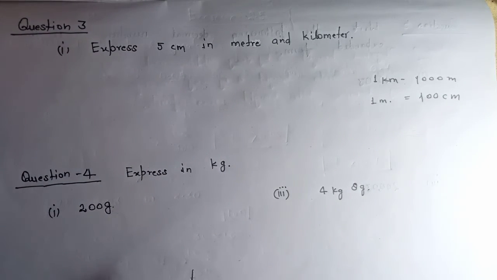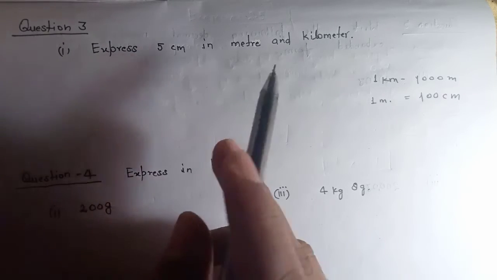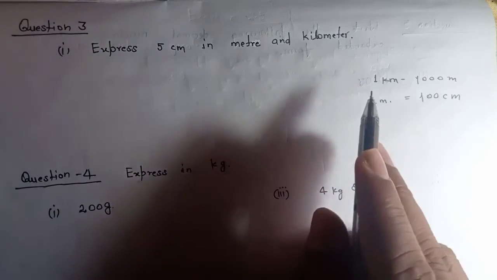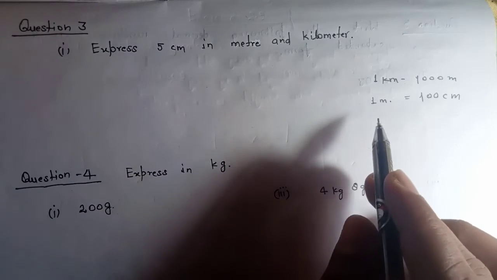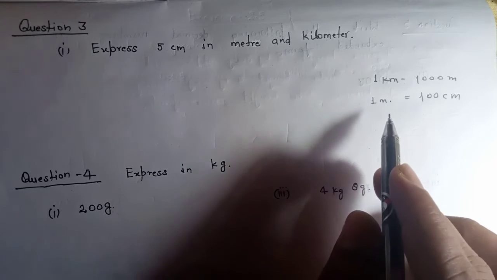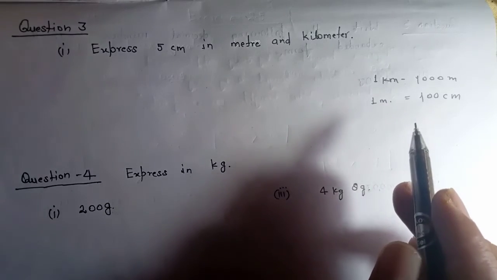So this 5 centimeter has to be converted to meter first, and you know that in 1 meter there are 100 centimeter. It means 1 centimeter is the 1 upon 100th part of a meter.